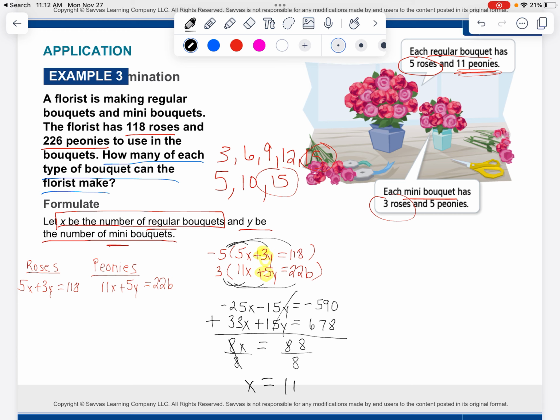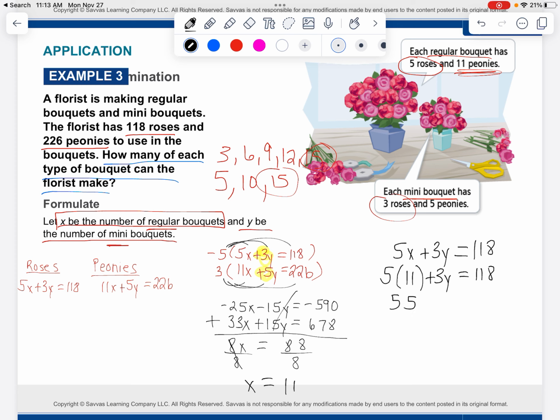Now that we know X is 11, we can go ahead and substitute into one of the original equations. I am going to use the equation 5X plus 3Y equal to 118. Substituting X with 11, we have 5 times 11 plus 3Y is going to equal 118.